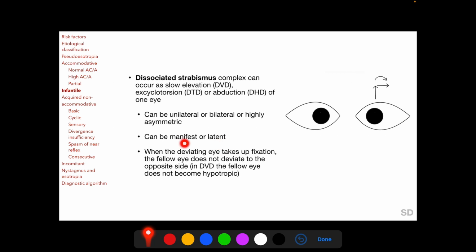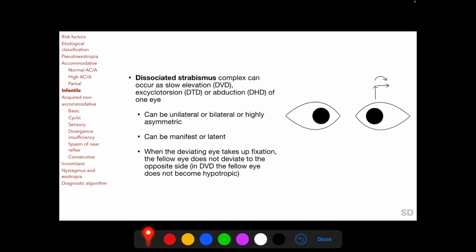In manifest dissociated strabismus, we will be observing movement of one eye even when both eyes are open. And in latent dissociated strabismus, this movement occurs only upon occluding one eye, and the movement occurs in the eye being occluded. And upon removal of the occlusion, we will find that the eye again takes fixation by reversing the movement.